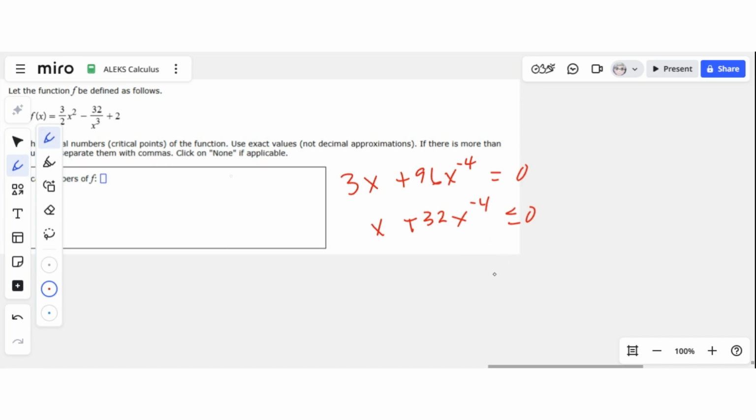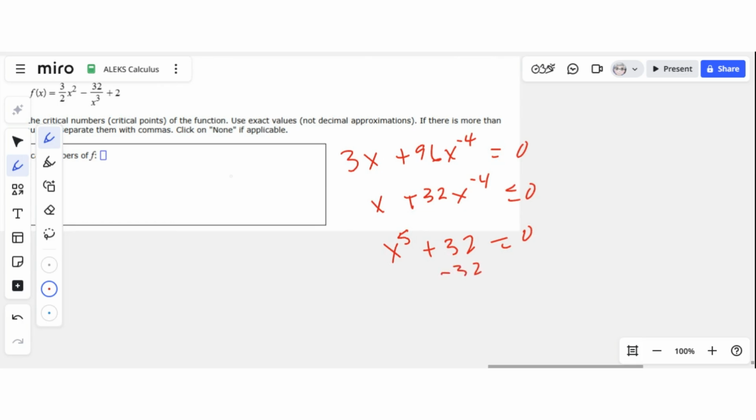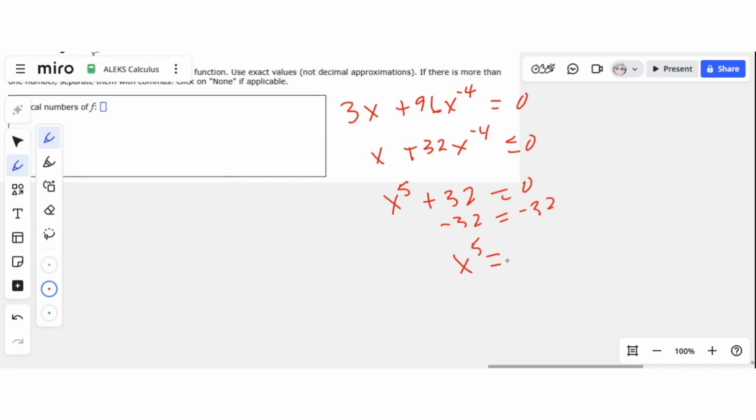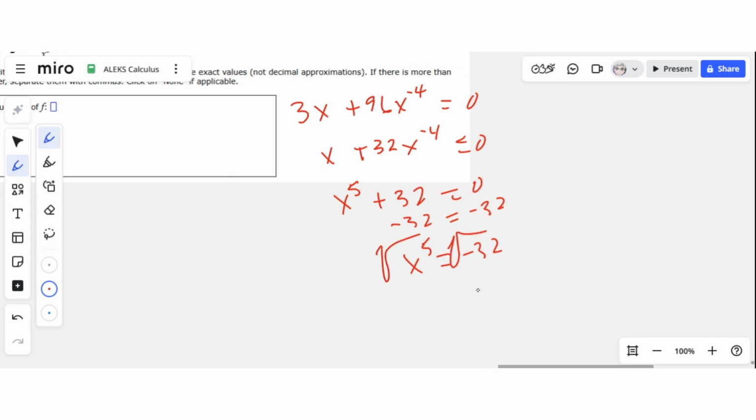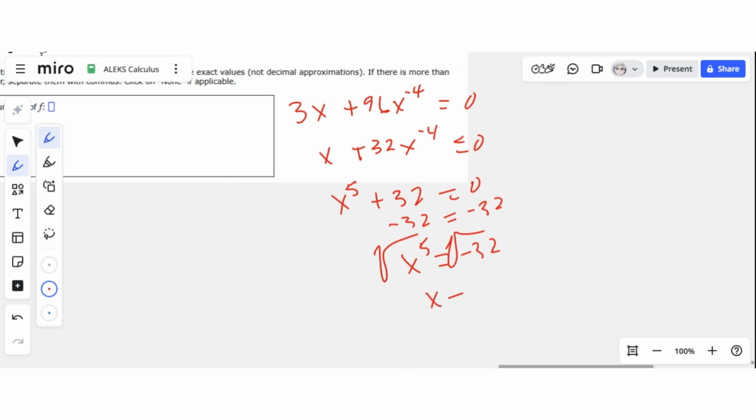So what if we multiplied everything by x to the fourth, and I'd get x to the fifth plus 32 equals 0. And then I can subtract 32, and then we'd get x to the fifth equals negative 32. And then we can take the fifth root. It's an odd root, so it's going to preserve the sign, and we get x equals negative 2. And I think that's the only thing we've got going on here.